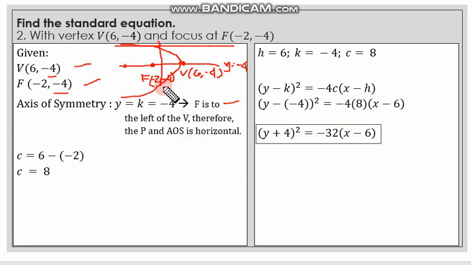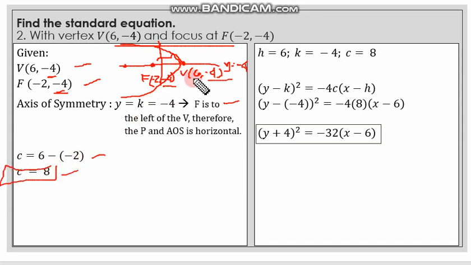Since they have the same y coordinate, we will just subtract their x coordinates to get the value of c, the distance from the vertex to the focus. So 6 minus negative 2. So c is equal to 6 minus negative 2, which is equal to 8.